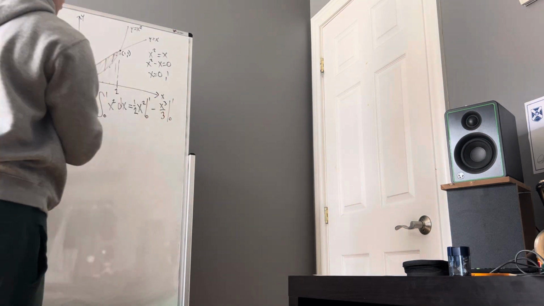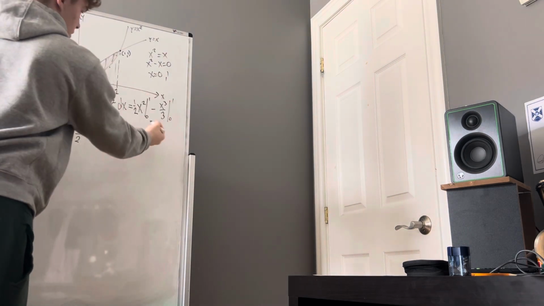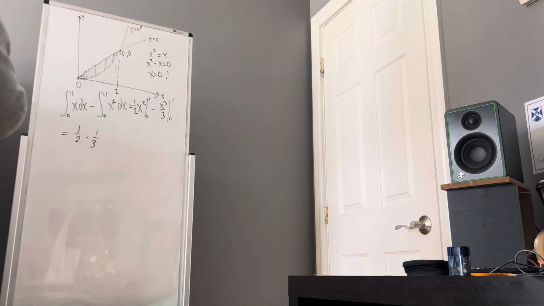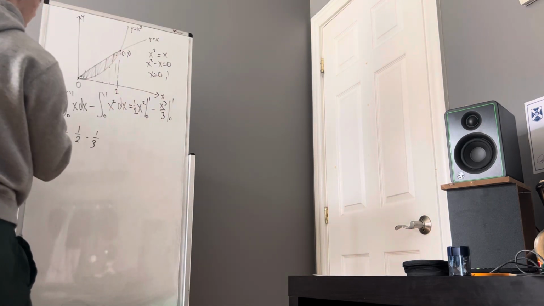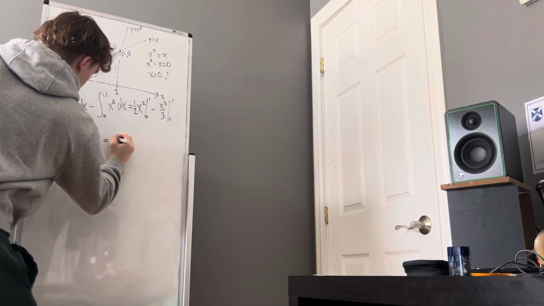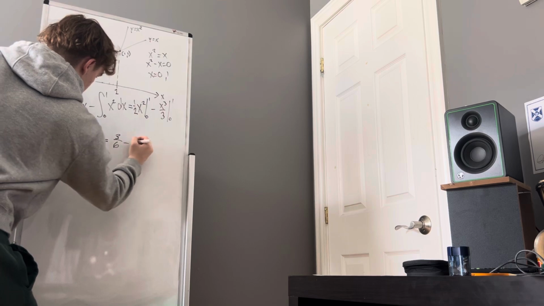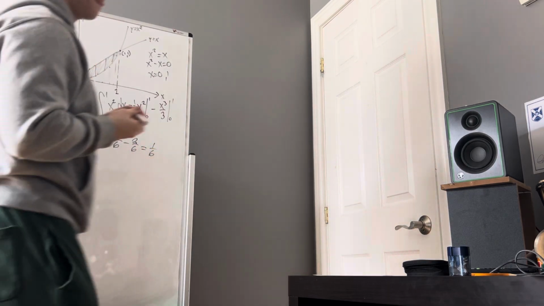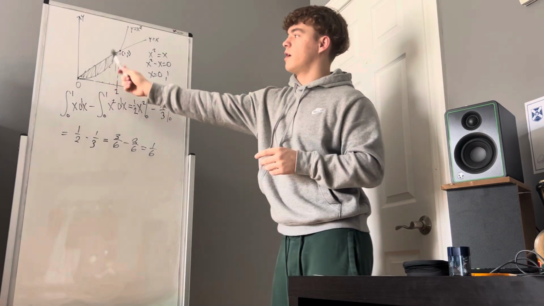When we plug in 0 here, we get the same thing. 1 cubed over 3 is 1 over 3. So 1/2 minus 1/3, let's do some quick algebra. This is 3 over 6 minus 2 over 6. This is 1/6. So 1/6 is our area right here.